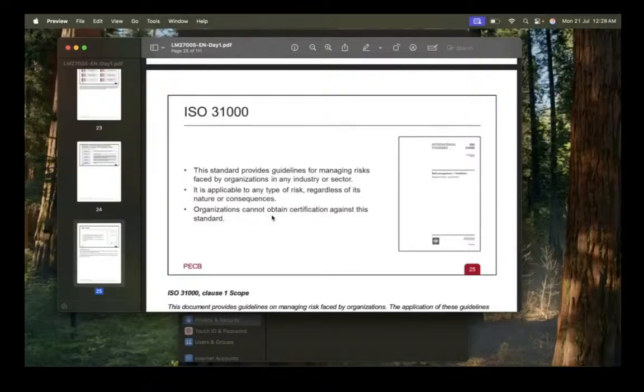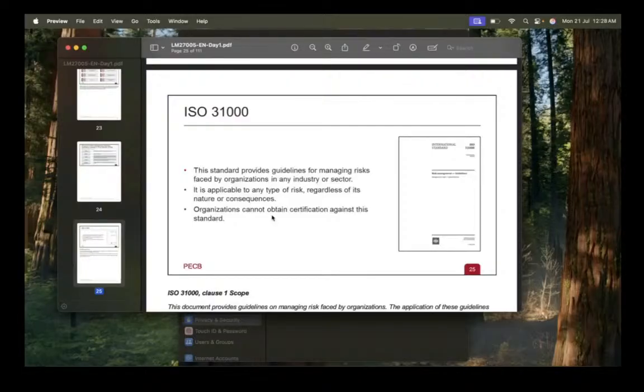So the standard basically provides guidelines for managing risk faced by organizations in any industry or sector. This is also relatable because it is related to risk management. It provides guidelines for risk management, and not only for a particular industry, but for different industries or sectors.